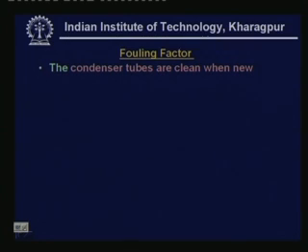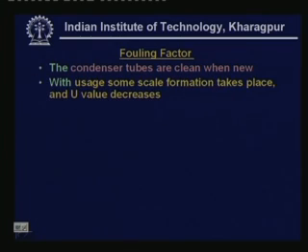The condenser tubes are clean when they are new, so the overall heat transfer coefficient will be high when it is new, but with usage some scale formation takes place. Scale formation can take place both on the water side as well as on the refrigerant side, but most of the time it is mainly on the water side. As a result of the scale formation, additional resistance to heat transfer is created, and because of this the value of the overall heat transfer coefficient decreases.